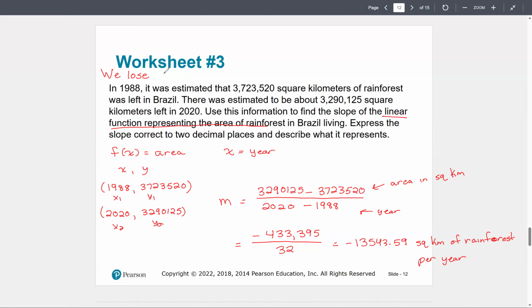This is how much we're losing. So we lose 13,543.59 square kilometers of rainforest every year.